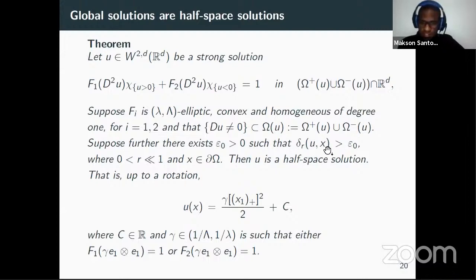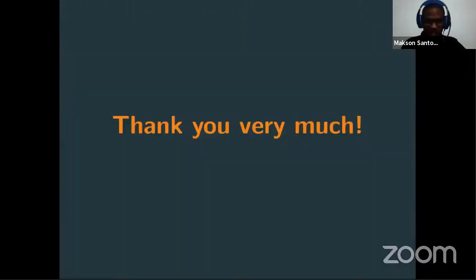If you suppose that this thickness is bounded from below by a constant epsilon 0 for x in the interface, then we can prove that U is a half-space solution. It means that up to a rotation, we can write U in this form here, where C is a constant and gamma belongs to this interval here. It is such that either this equality or this equality holds. This is the main result of this part. And that's it. Thank you very much.